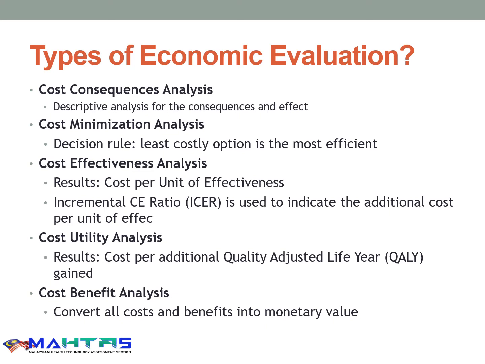Cost minimization looks into the least costly option. And cost effectiveness analysis looks into cost per unit of effectiveness. Cost utility analysis looks into cost per additional quality adjusted life year gained. Cost benefit analysis converts all the costs and benefits into monetary value. Now bear with me, I'm going to explain each one in detail.